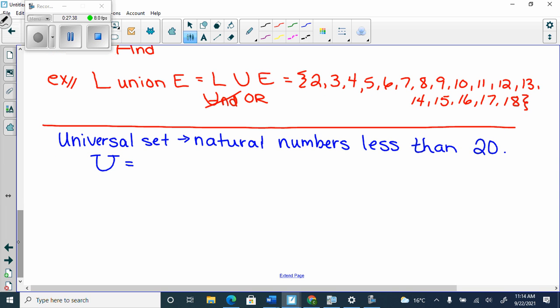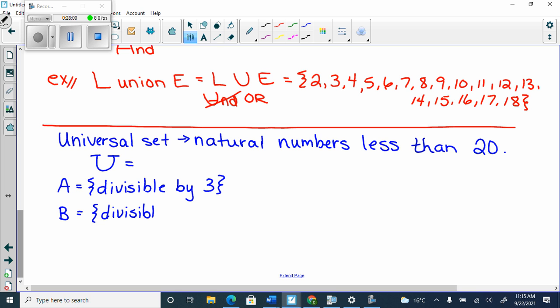Then A equals divisible by 3. B is divisible by 5. And C are multiples of 6. So you write them all out, please.